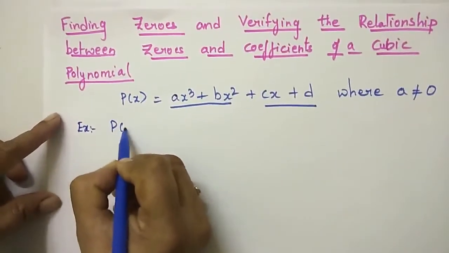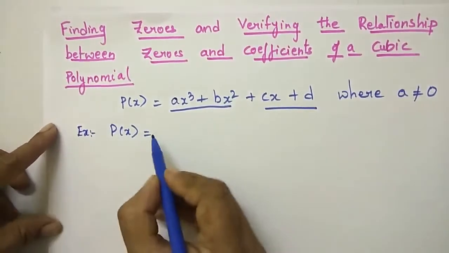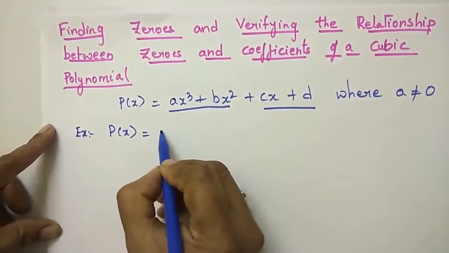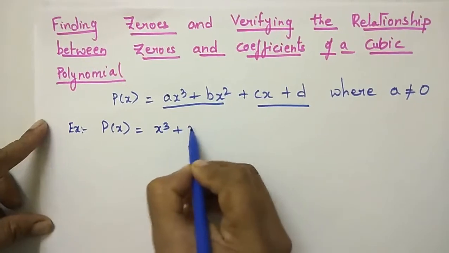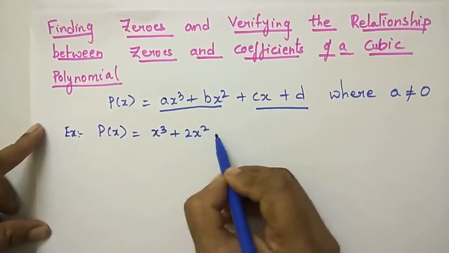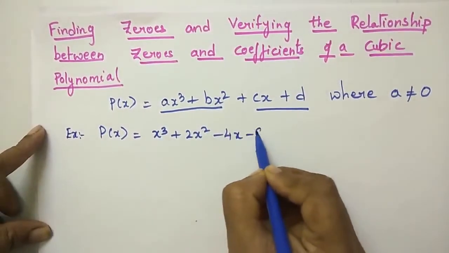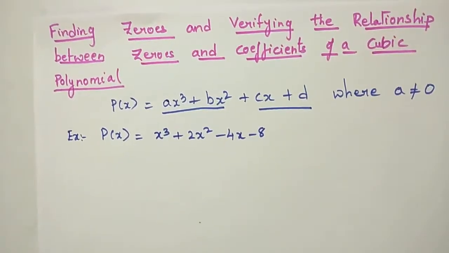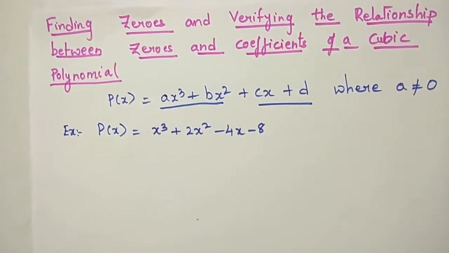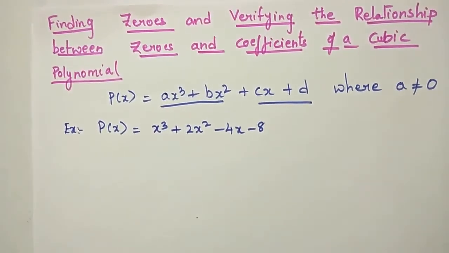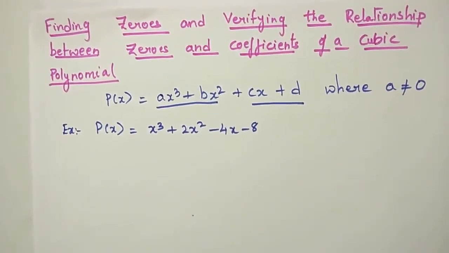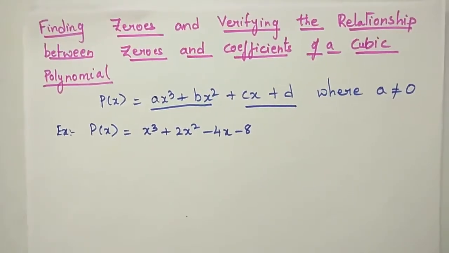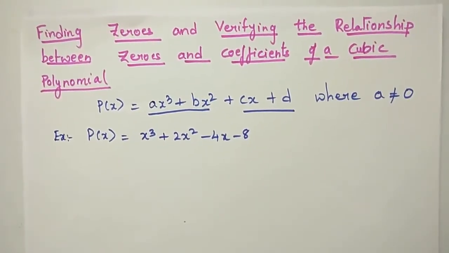Let the cubic polynomial p of x be given as x cube plus 2x square minus 4x minus 8. In the previous video, we studied that a cubic polynomial can be expressed as the product of a number and three linear polynomials.